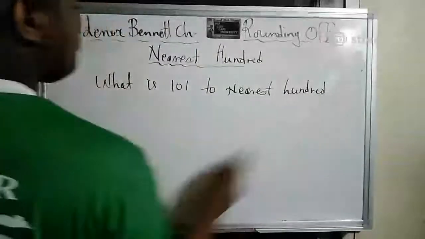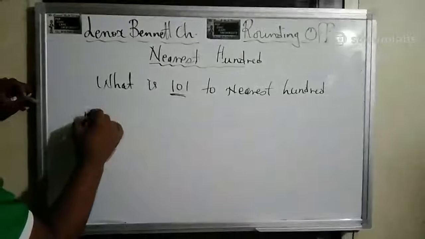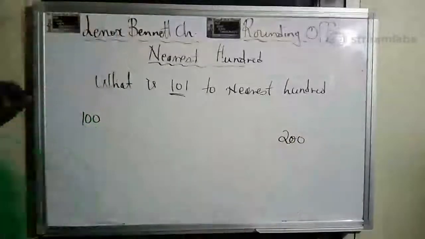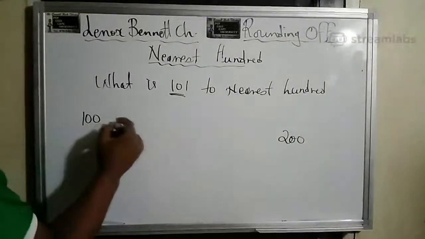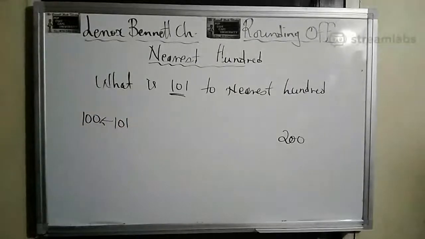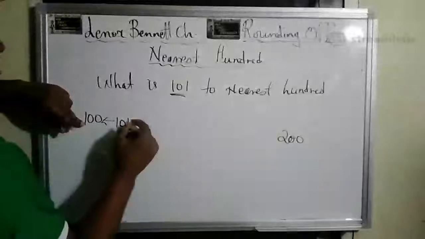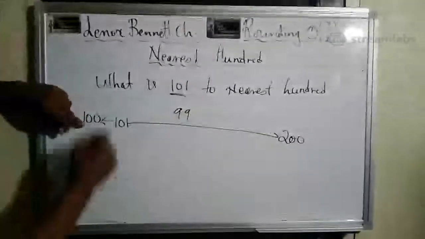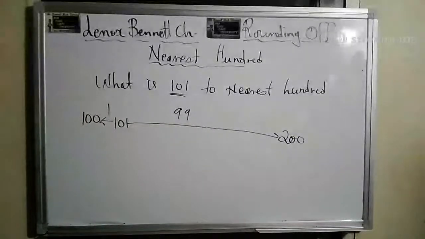It's either 100 or 200. As we can see, 101 would be very close to 100. We need all of 99 to get to the next 100, while we only need to move down 1 place to get to 100.